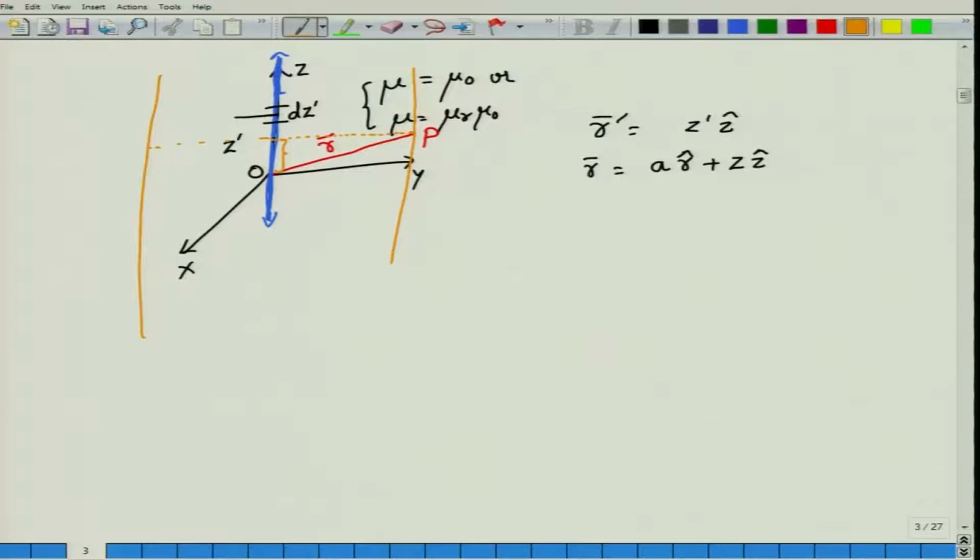So, a is the radial distance of the point P from the z axis, and the height above the z equal to 0 plane where I consider this point is z. The radius of the cylinder that we consider will be a, and the height over which this would be present on the z axis will be z.